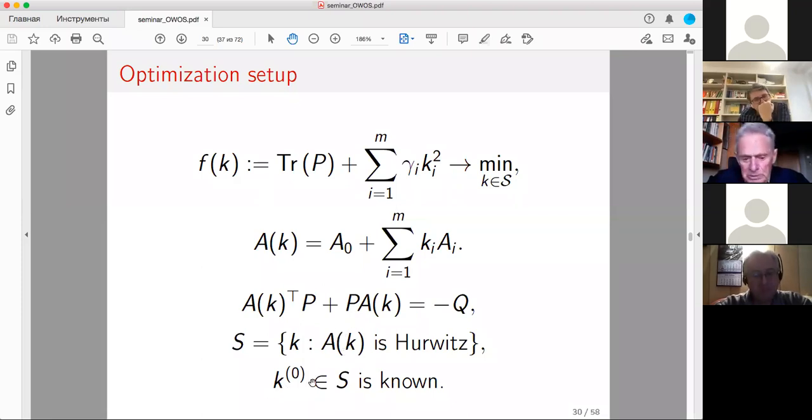And we also assume that some initial K0, which is stabilizing, is known.